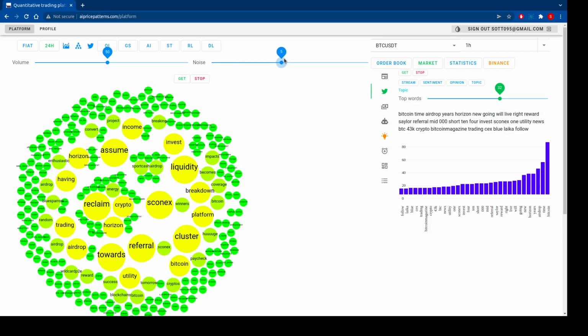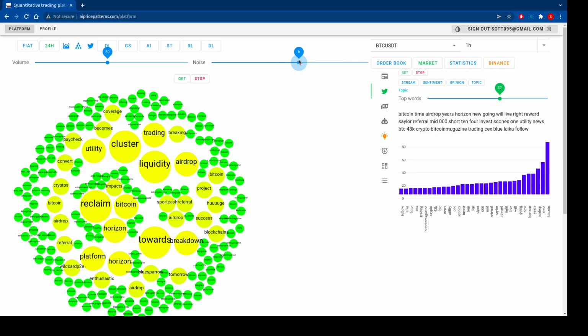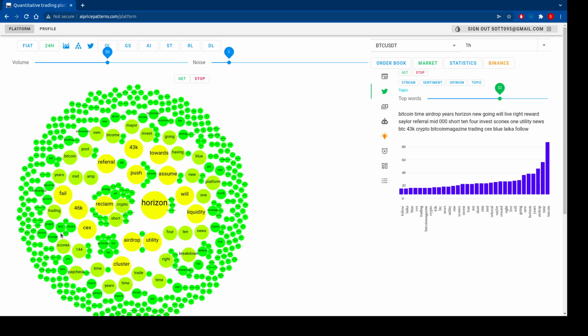For example, we could decrease noise, and we see that they discuss cluster 36. Okay, in the bubble file I see, I don't know if I can display it for you, but in the browser it displays 46 sounds fail. It means maybe they discuss that Bitcoin could decrease from 46,000.